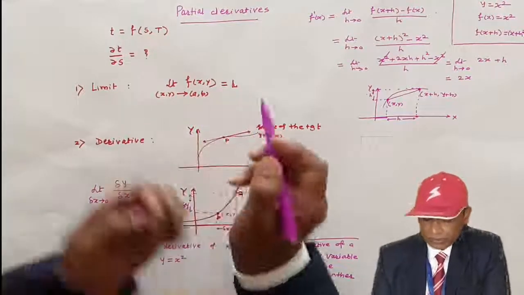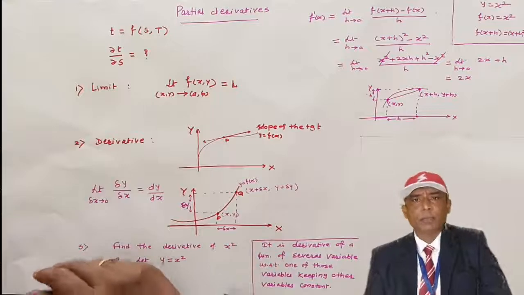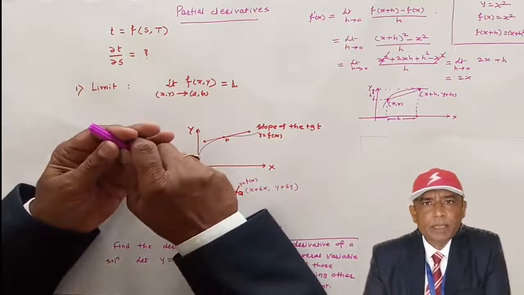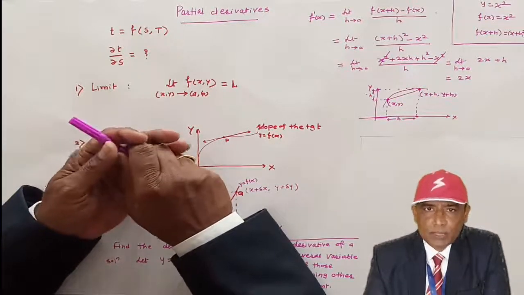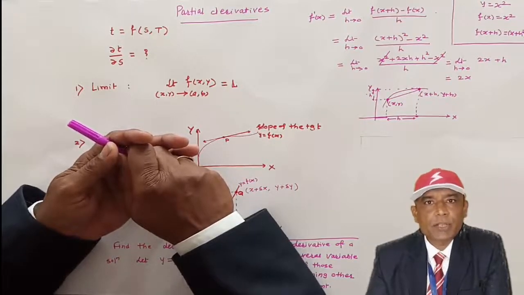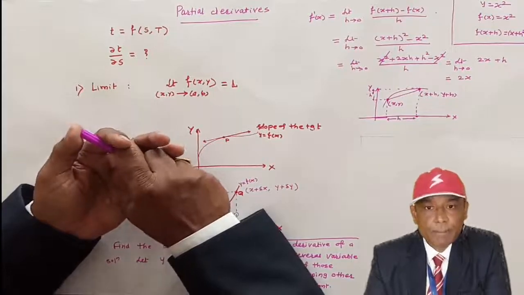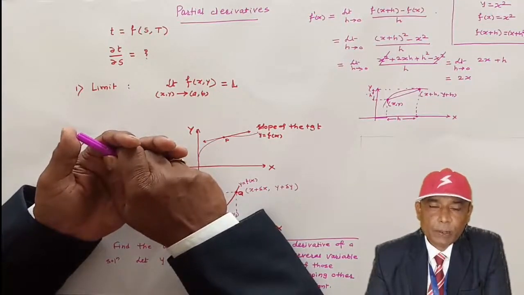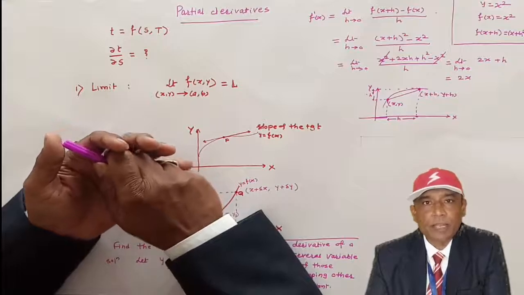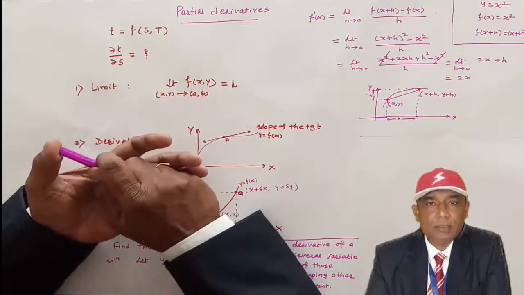The partial derivatives are highly used in mechanical engineering, in one-dimensional and two-dimensional heat flow problems, in electronics and telecommunication, in image processing it is widely used, in chemical engineering also, while calculating the rate of reaction.